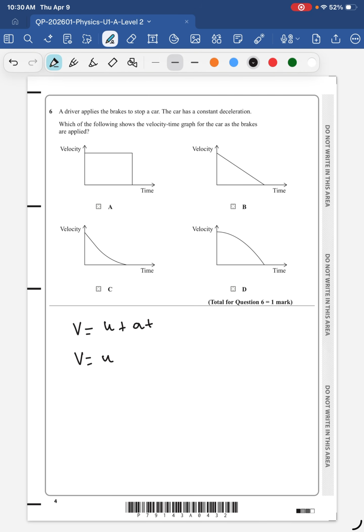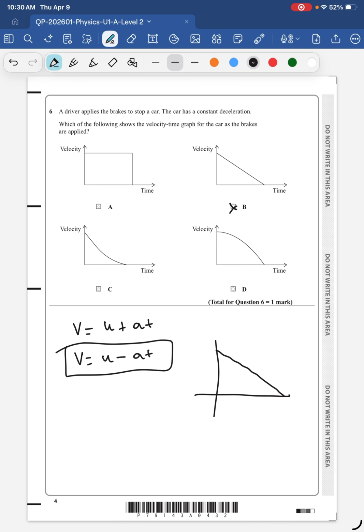So we will have v is equal to u minus at, which is a straight line with a negative gradient, just like B. You can see it there. So if this is time and this is v, then plugging in time equal to 0, we have that v is u, so this y-intercept is u.